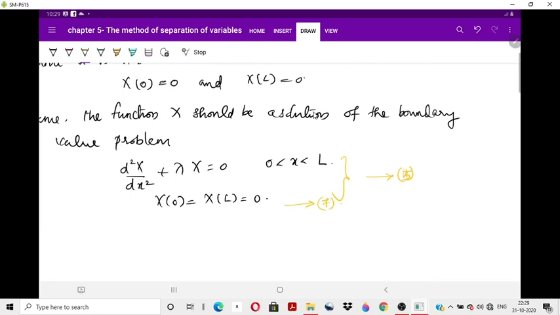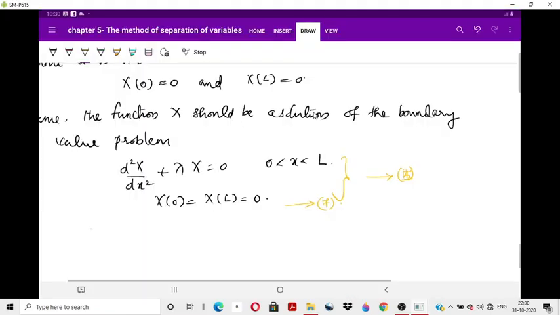So first of all we need to find a non-trivial solution for this system, for this system 5 and 7. Such a non-trivial solution is known as the eigenfunction of the problem with an eigenvalue lambda.